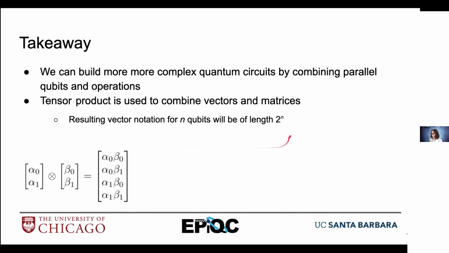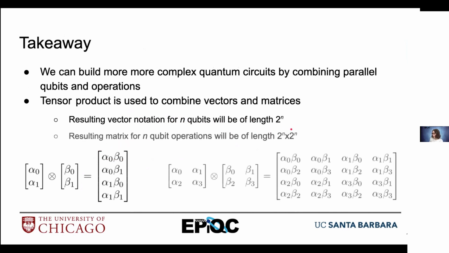And the resulting matrix for n qubits will be of dimension 2^n by 2^n. So when we combine 2 quantum matrices, we can see that they expand out to 2^n by 2^n as the final dimensions of that tensor product.